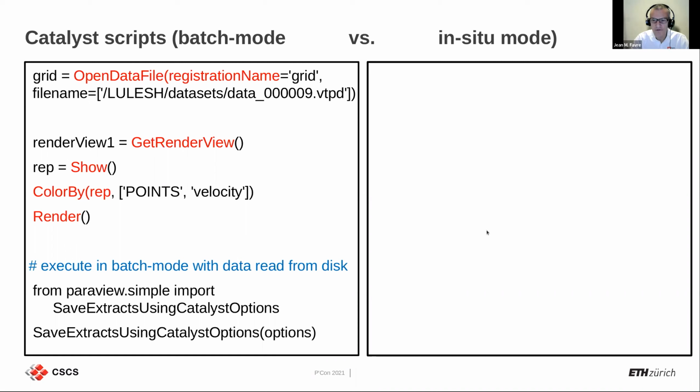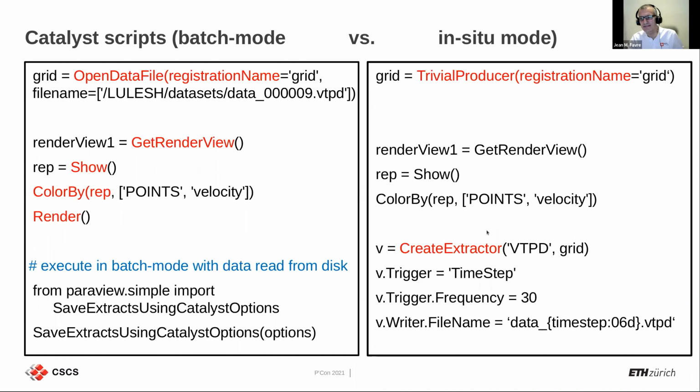If I look now on the right side of my screen, this is what ParaView would execute in situ. Of course, I'm not reading data anymore from disk, but I'm reading data from memory. And it has the same name, this grid name, such that via the Conduit node description, ParaView will recognize that the data that sits in memory is the same data.